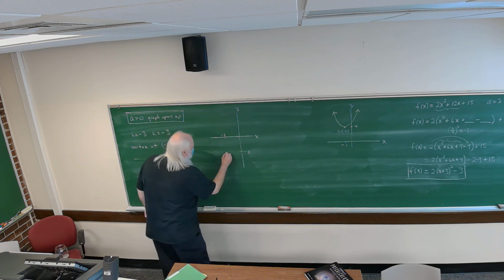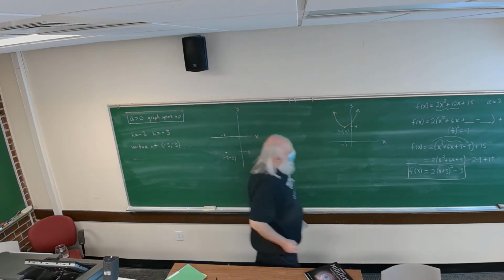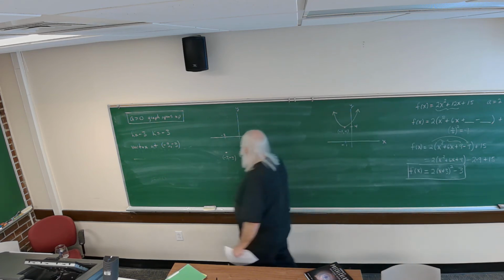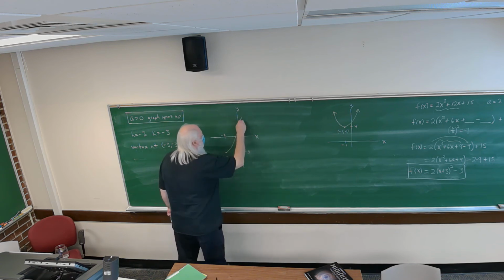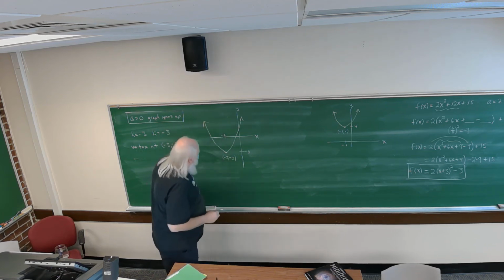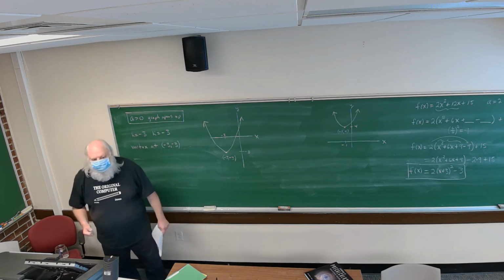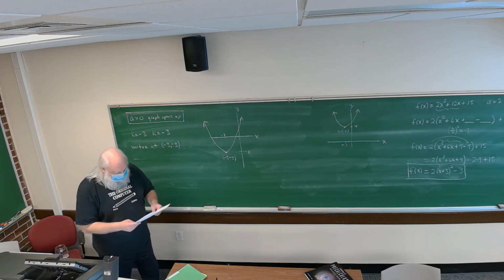So the vertex, right, is here at the point -3, -3. And the graph opens up. And again, right, this isn't going to be perfectly symmetric like you would get with graphing software. Okay? But that's roughly what the graph looks like. Okay. All right.